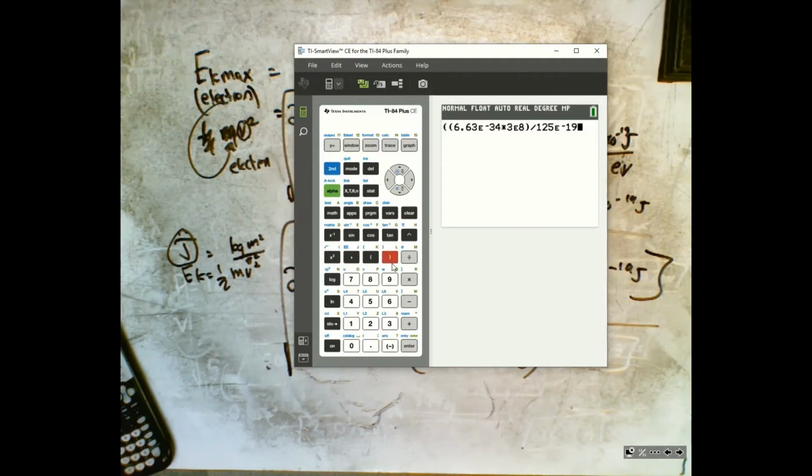Okay, and then I'm going to subtract my 6.528 times 10 to the negative 19. Close my other bracket. Oops. Let me show you how to do it. And then I screwed up. Sorry, I don't need a bracket at the end of this. There we go. And then I want to multiply that by 2. And I'm going to divide that by the mass of the electron. And then I'm going to square root my answer.